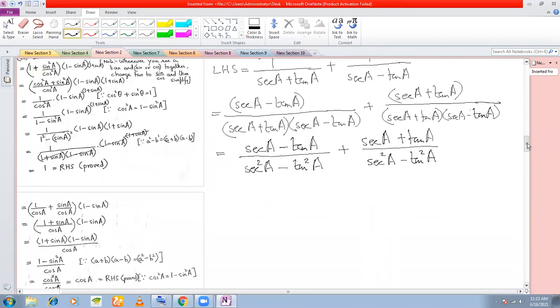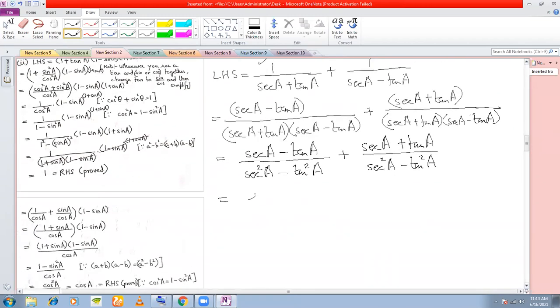And you know sec square theta minus tan square theta is 1. So you're simply left with sec A minus tan A here, just give brackets. And here also you are left with sec A plus tan A.